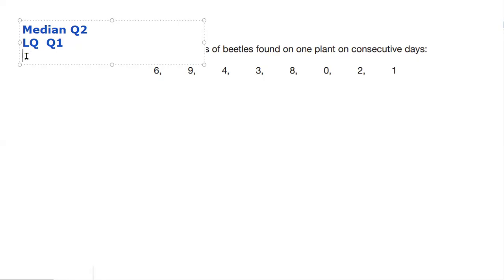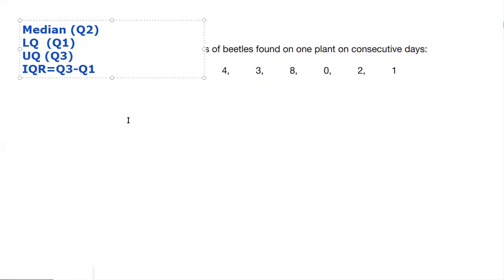So focus on the questions. The median is the Q2 because it's the one in the middle. And the other ones are the medians of the upper group and the lower group. The lower group means the smaller numbers. That's why it's called lower quartile. And then find the IQR, which is the interquartile range, which is equal to Q3 minus Q1. So focus on the questions and how to answer.